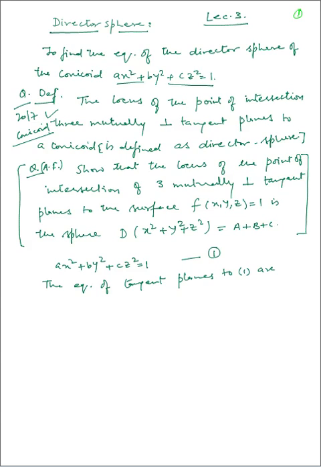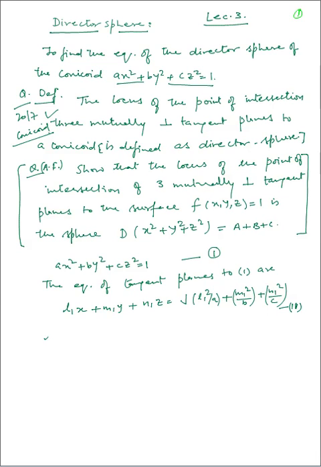From there we get these planes, and because there are 3, we will write l1 m1, then l2 m2, then l3 m3, etc. So l1x plus m1y plus n1z is equal to under root l1 square upon a plus m1 square upon b plus n1 square upon c. This is equation 2.